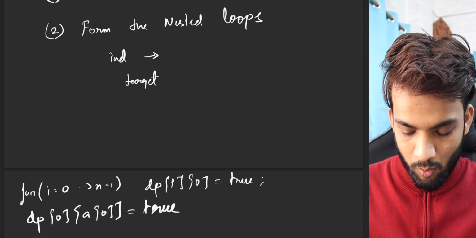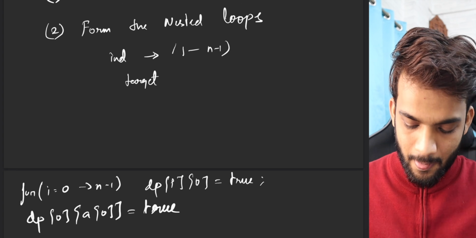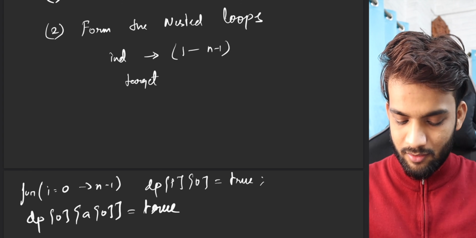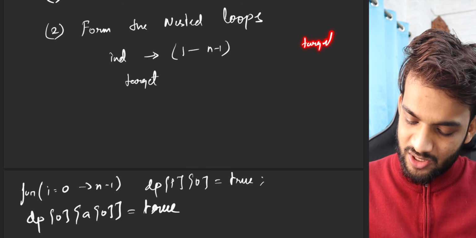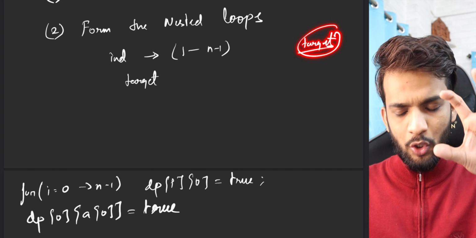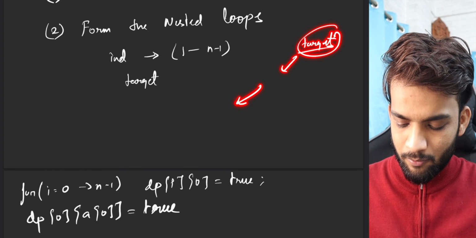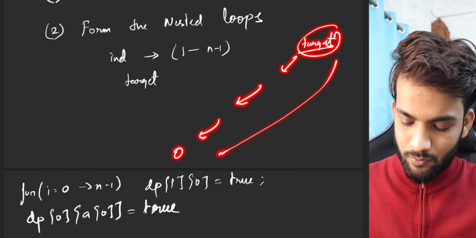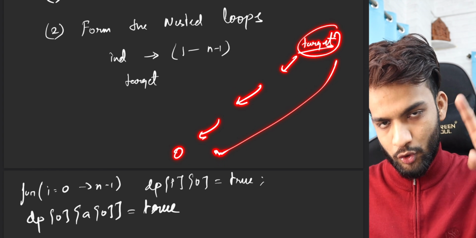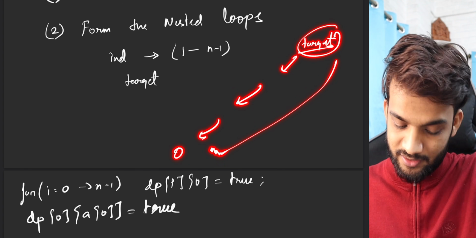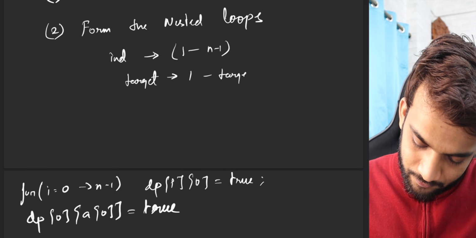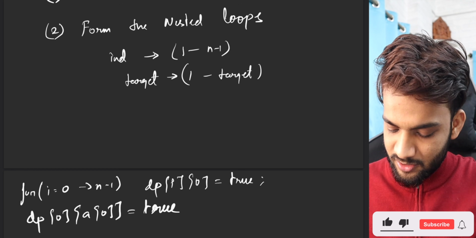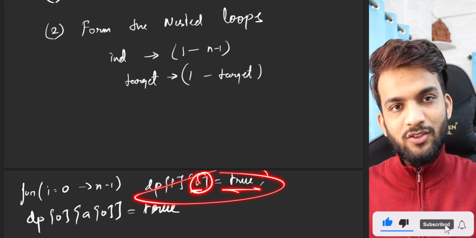Correct. Perfect. What about target? From target, you started with the eventual goal and moved till 0. Over here, you go opposite. So you go from 1 to target, because 0 has already been done.